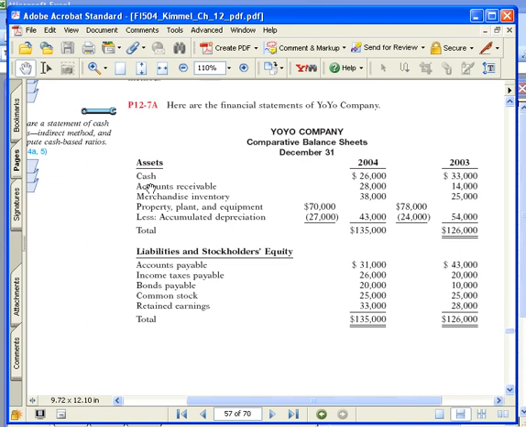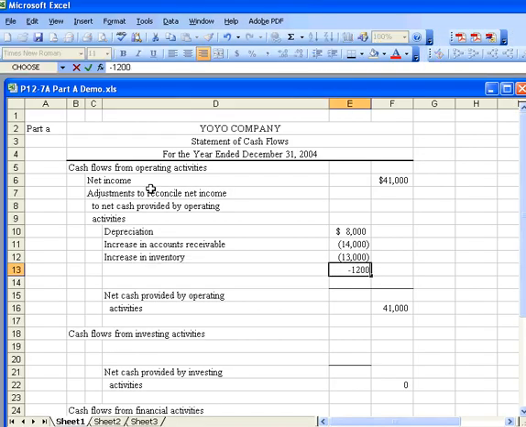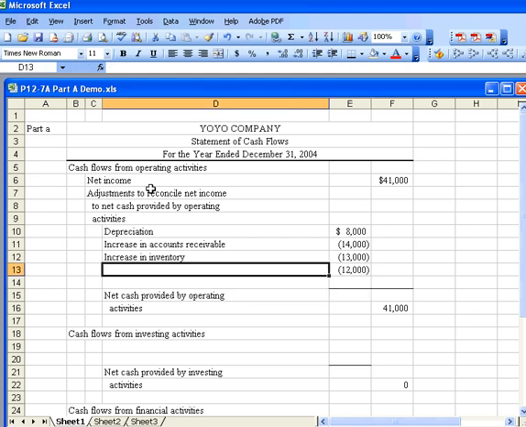We would like to see our liabilities increase. That would reflect a positive adjustment on cash. But since we have a decrease, again, we have a negative adjustment of $12,000. Let's put that negative $12,000 in, and we would label that as decrease accounts payable.